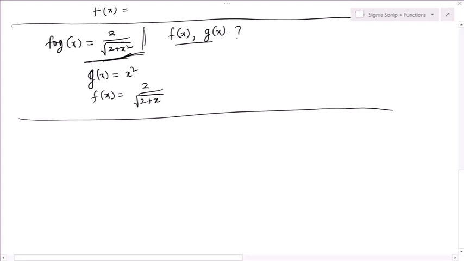Let's look at one more, and this time I'll make it a little bit tricky. So (f∘g)(x) is equal to x to the power x times e to the power x. As I told you, the simplest solution is just putting everything in one function and keeping the other one as x, but we'll not go there.